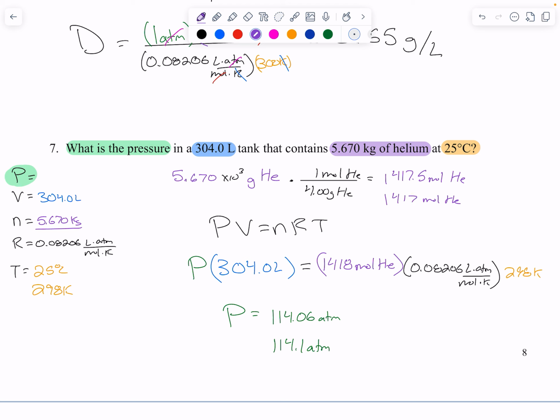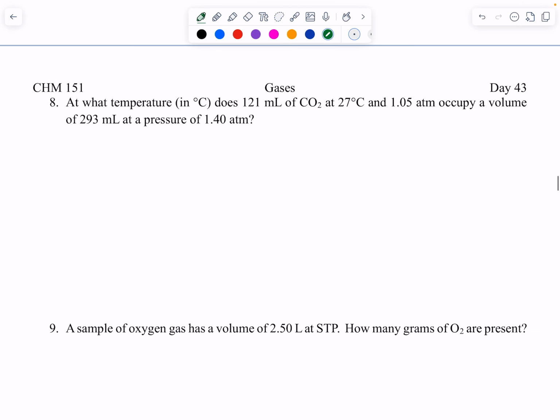If I use 4.002 grams, does that change anything in our overall answer? I don't know. I doubt it. 114.0. So it should be 114.0, if I was doing 4 sig figs appropriately with the molar mass.